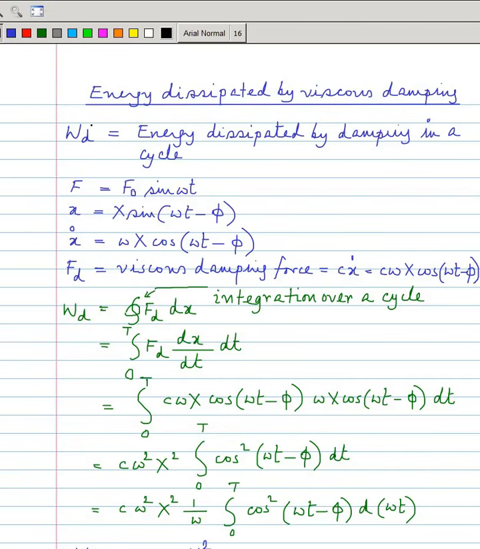So today our topic of discussion is energy dissipated by viscous damping. WD is the energy dissipated by damping in a cycle.